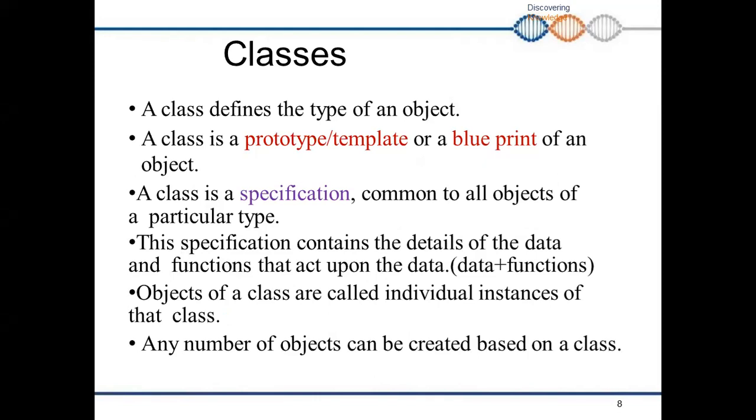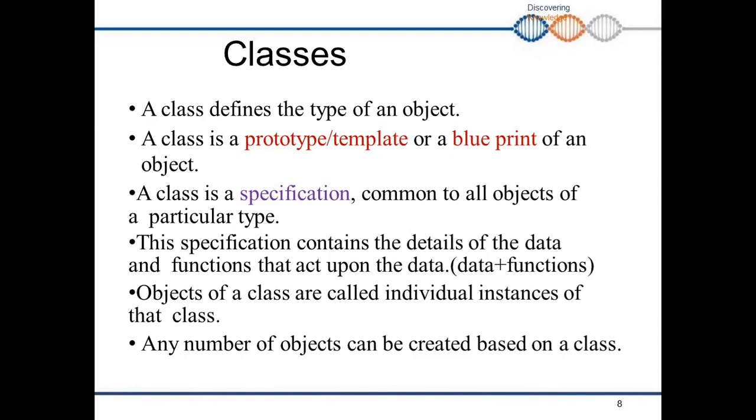Basically, a class is a structure and the objects use these classes. A class is a specification common to all objects of a particular type. This specification contains the details of data and functions that act upon the data. Objects of a class are called individual instances of that class. Any number of objects can be created based on the class.